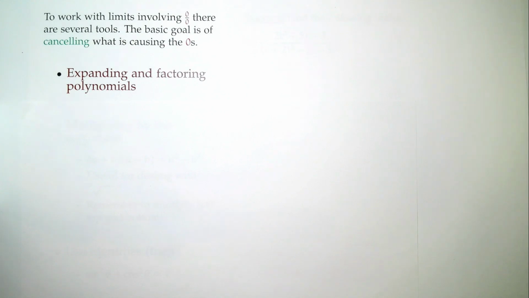The first thing is, suppose you have something which involves a polynomial. If the 0 is coming from the polynomial, that means there's a root of that polynomial. Factor that polynomial out and grab that thing that's causing a 0. See, what's the idea here?